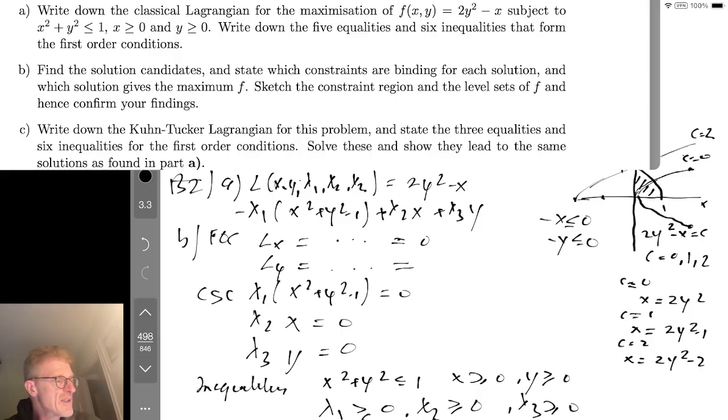So it's important in this case what you can use: lambda 2 needs to be bigger than or equal to 0, and lambda 3 as well.